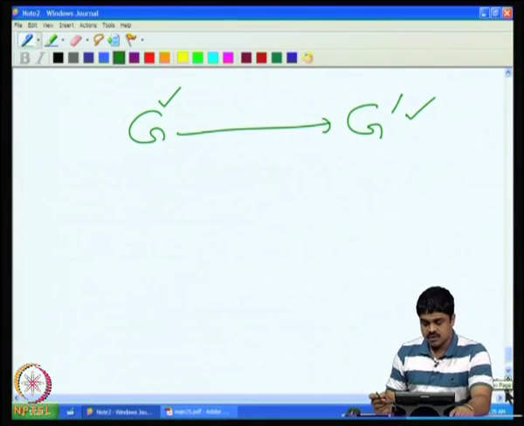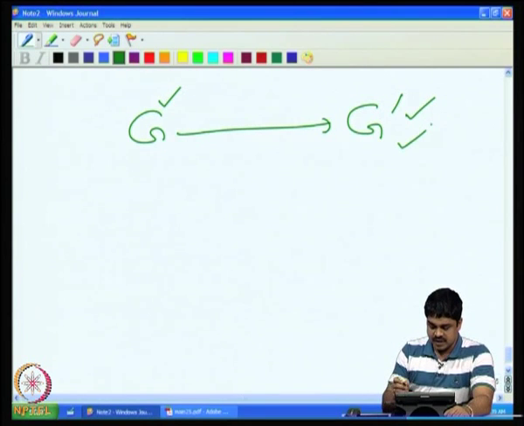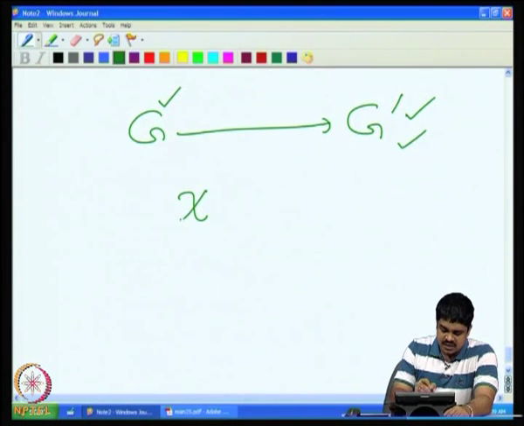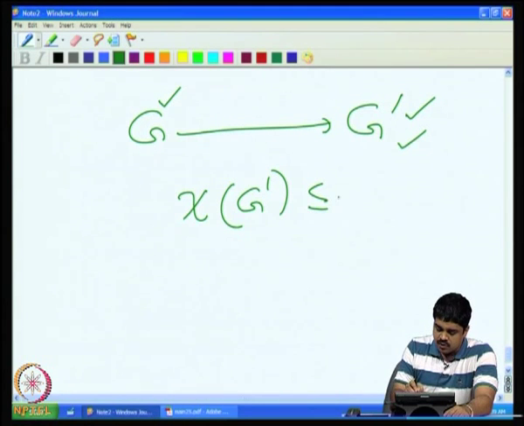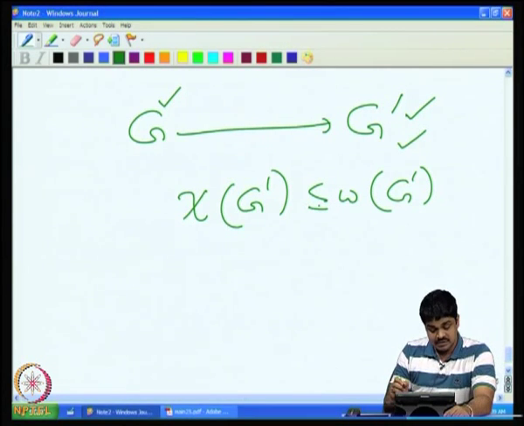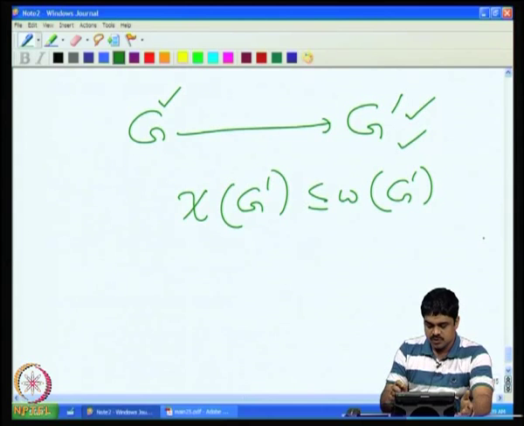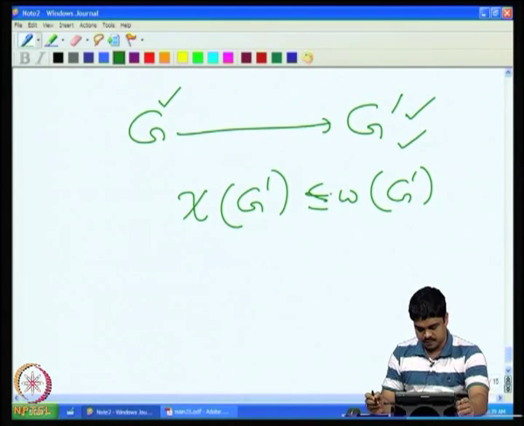So, now we have G dash, a perfect graph. About G dash what I can say is, because it is a perfect graph, chi of G dash has to be less than or equal to omega of G dash. You remember, chi of G dash can never be strictly less than omega of G dash, which means that this is equal to omega of G dash, because for the perfect graph we can as well put it as equal to.